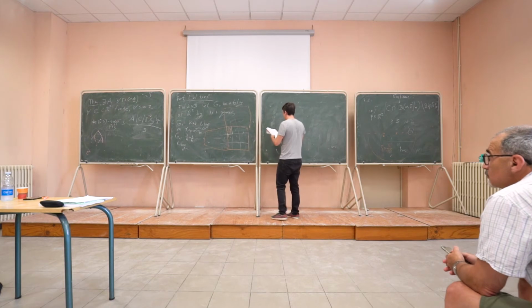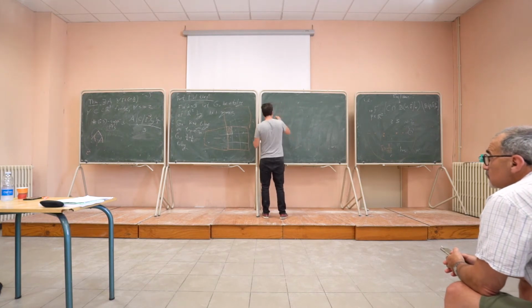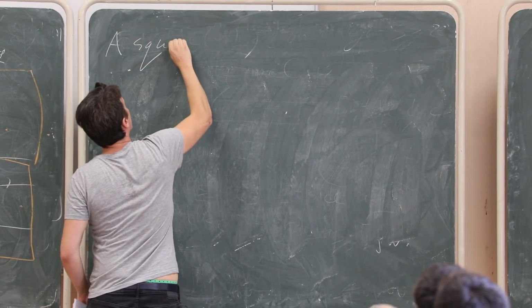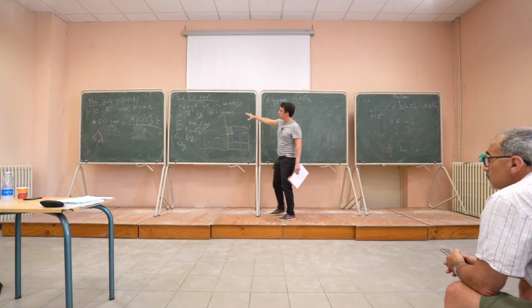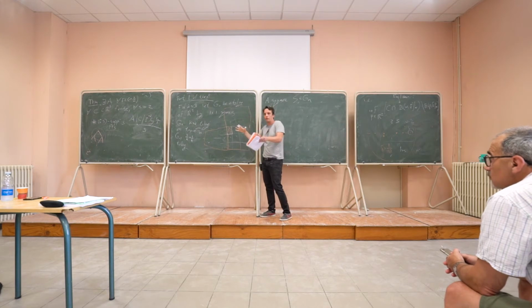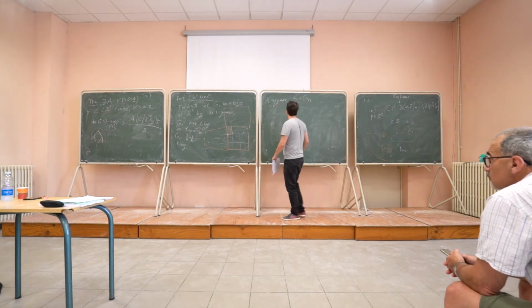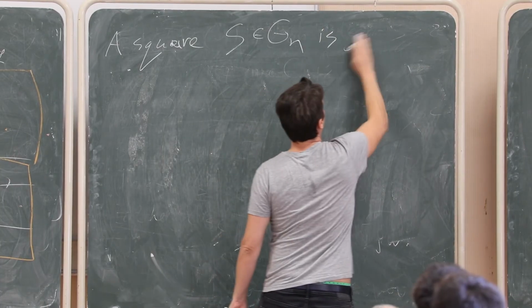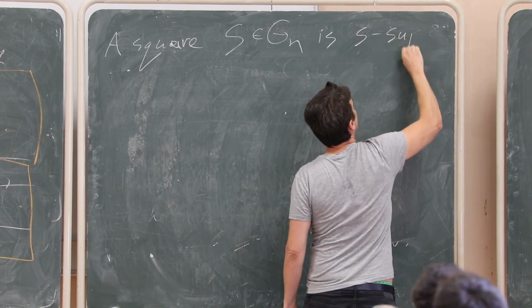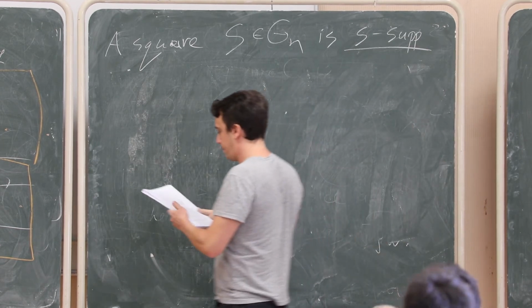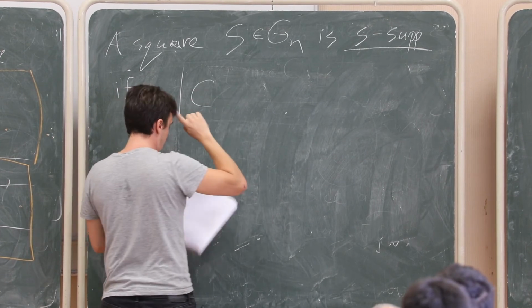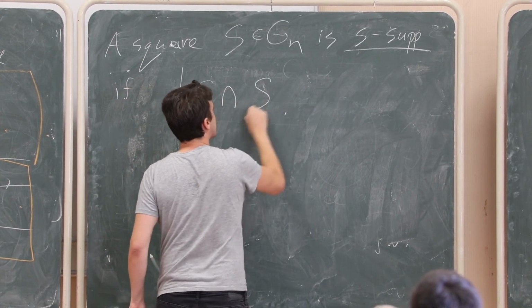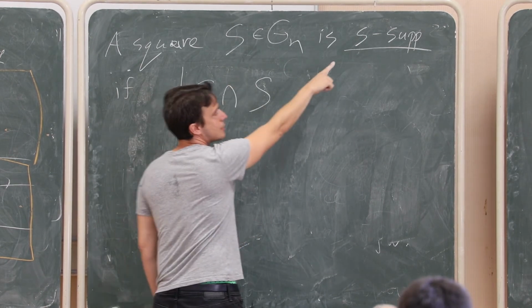The definition is, we say that a square S in Gn, and I'm emphasizing again that all of these tilings are canonical, they're nested inside each other, is S-supported if the number of points in C intersection with S. So this is big S and this is little s.